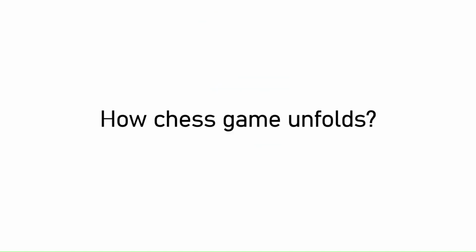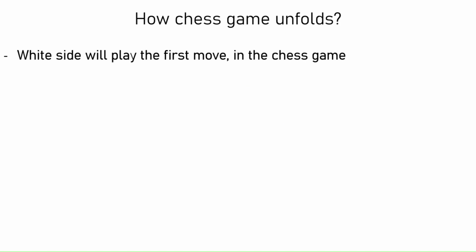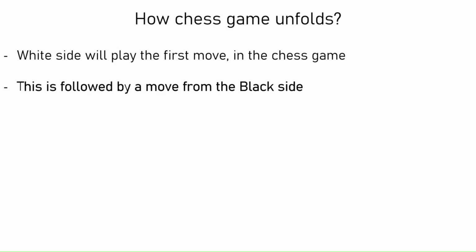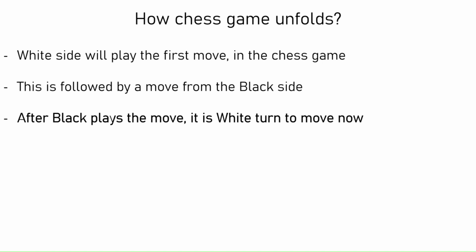Let us see how a chess game is played. Chess game will always be started by the player with the white pieces. The first move is made by white side. Then, black side will make a move. After black plays the move, it is again white side turn to play the next move.